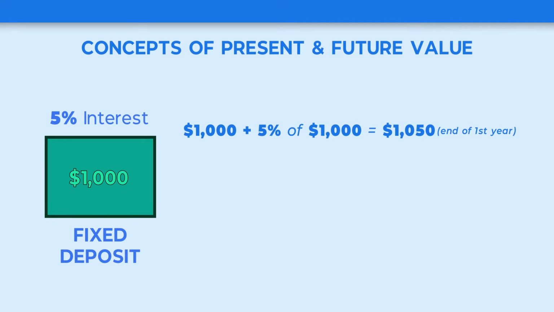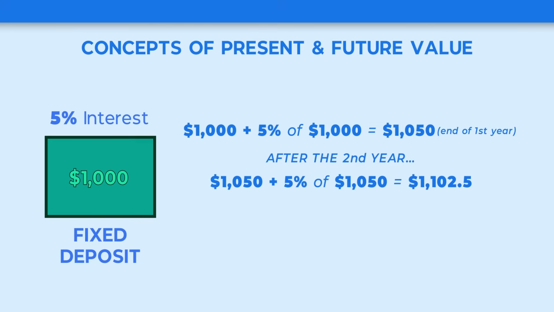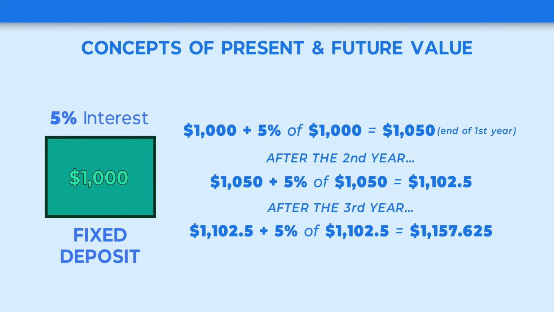Then what will happen after the second year? Again, on 1,050, you add 5% of interest. It becomes $1,102.5. Similarly, after 3 years, it becomes 1,157.625. What we are doing here is adding 5% on the value at the end of each term.